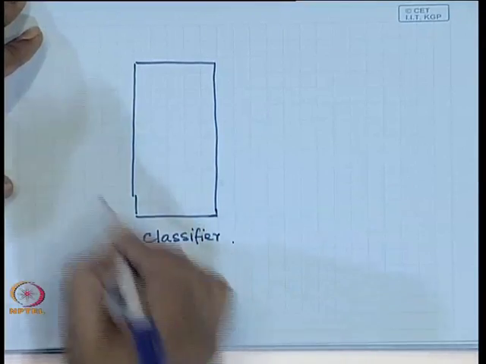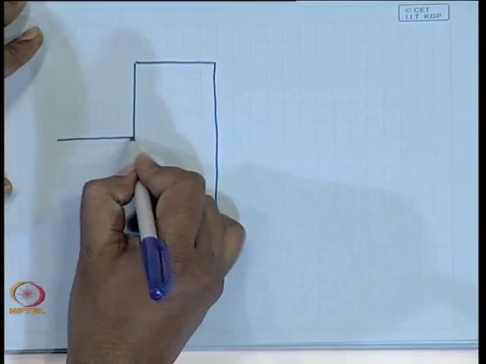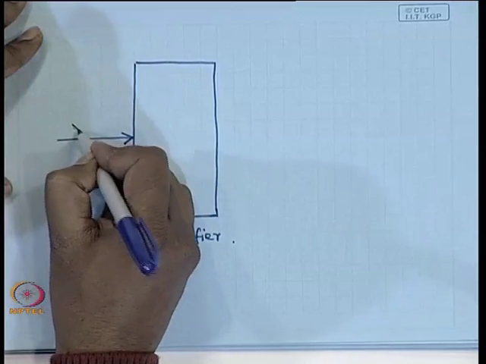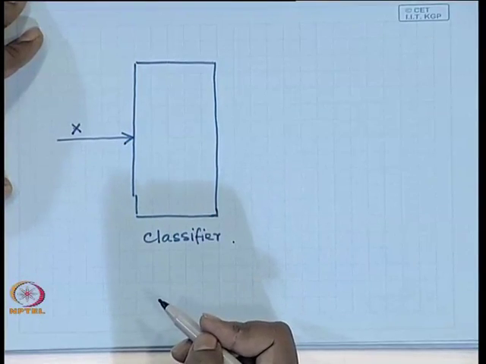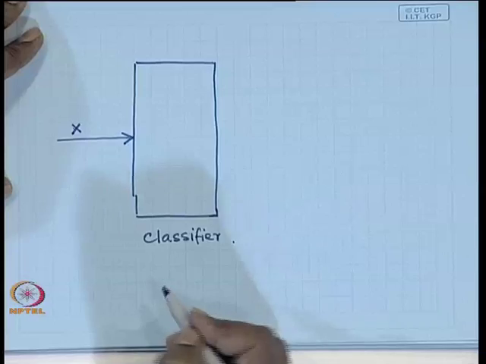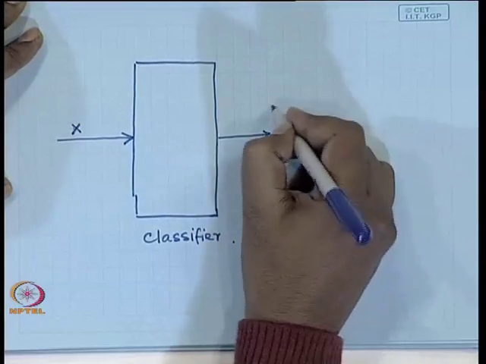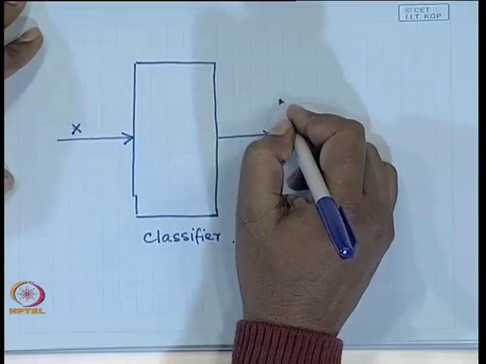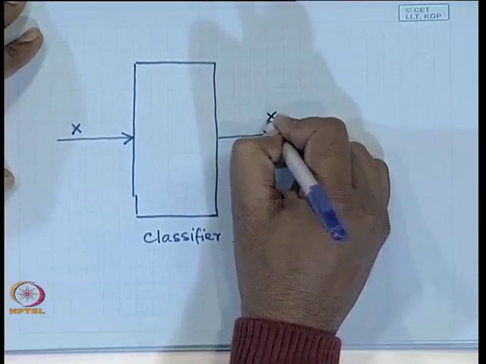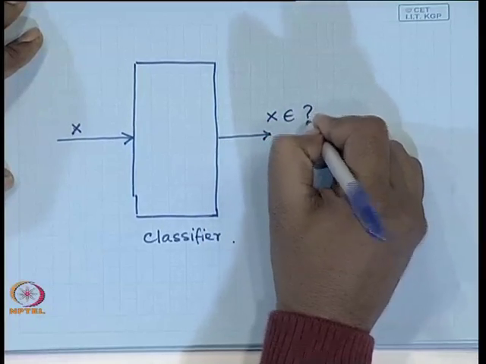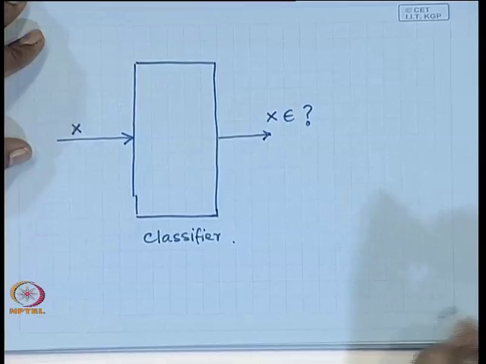Input, I have an observation vector or feature vector x of dimension d. Then the classifier has to give me a decision that what is the class belongingness of this object having this feature vector x.